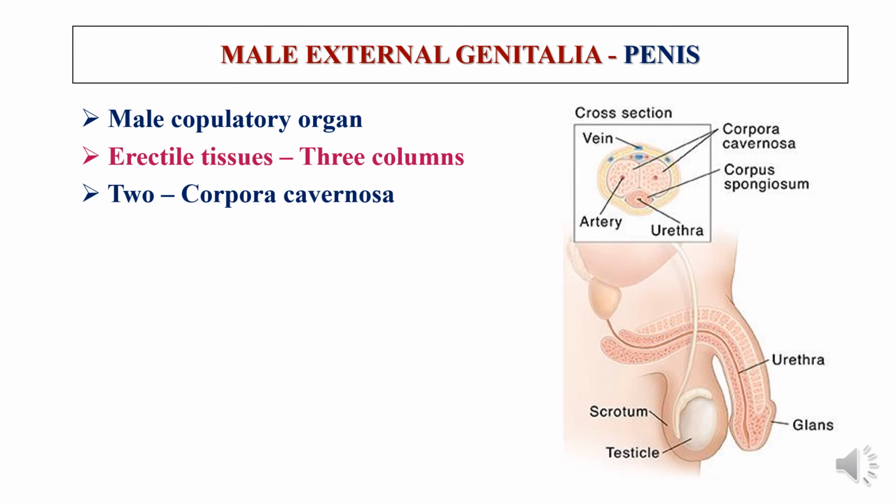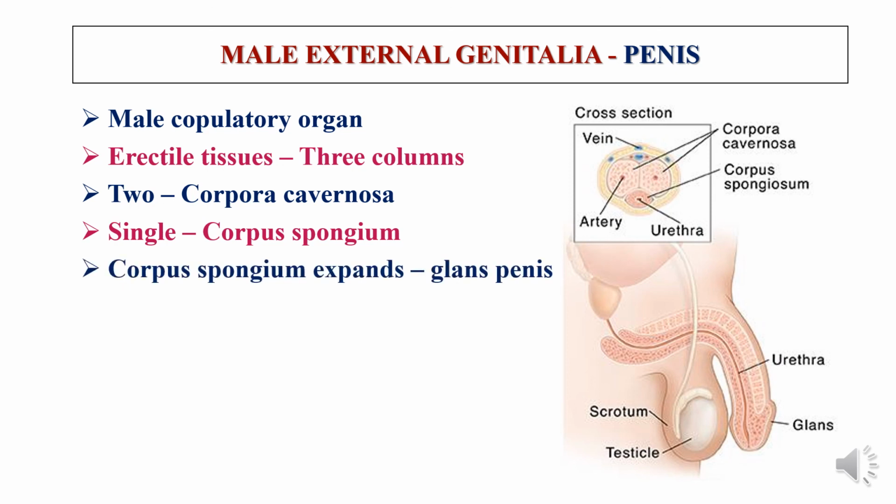There are two columns of corpora cavernosa present on the superior side of an erect penis, and a single corpus spongiosum through which the urethra extends. It is located on the inferior side of the erect penis.